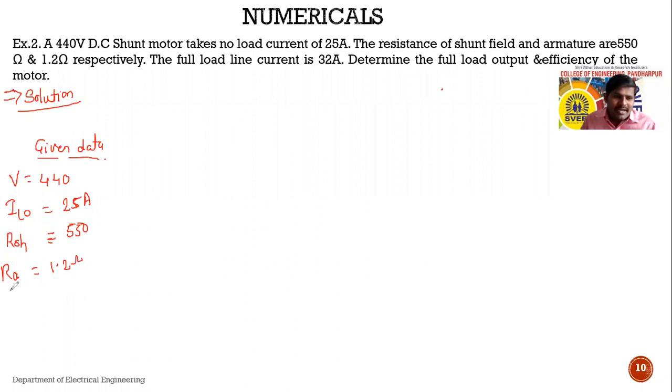The full load current IL is equal to 32 ampere. Determine the full load output, that is the power output at full load, and also the efficiency.